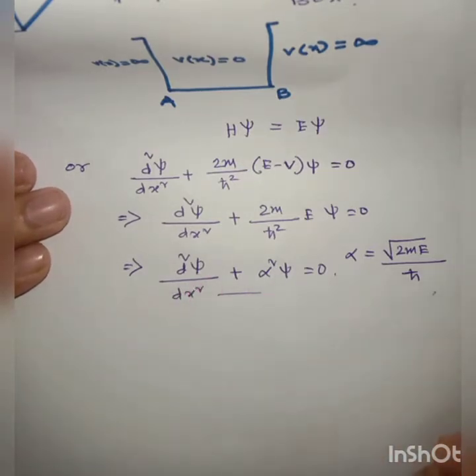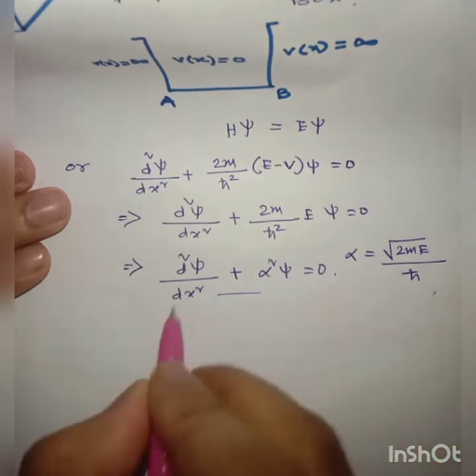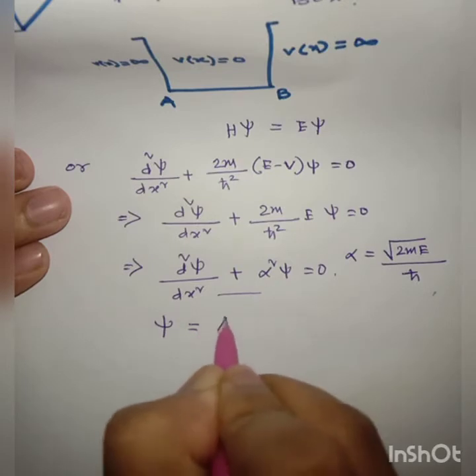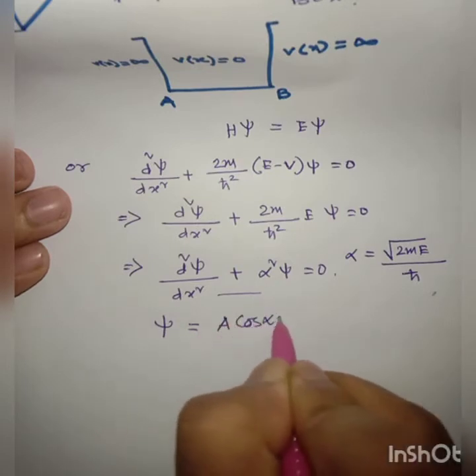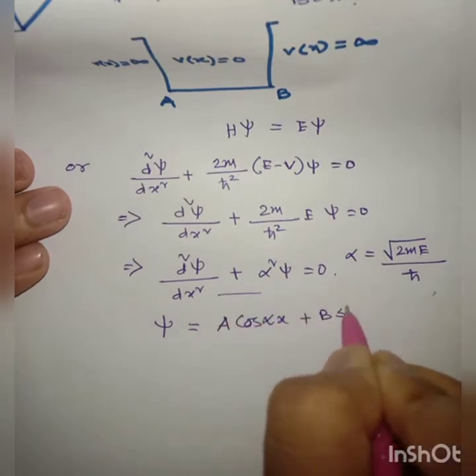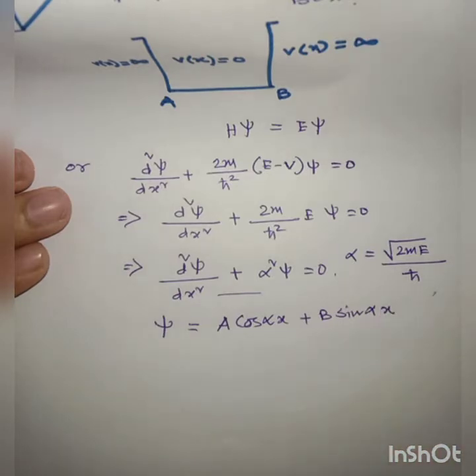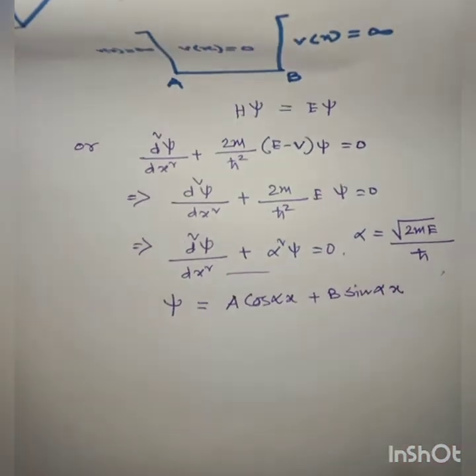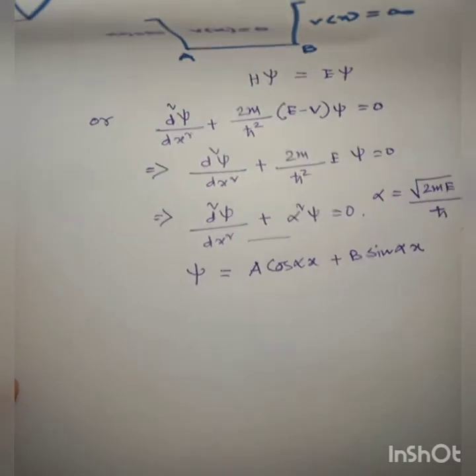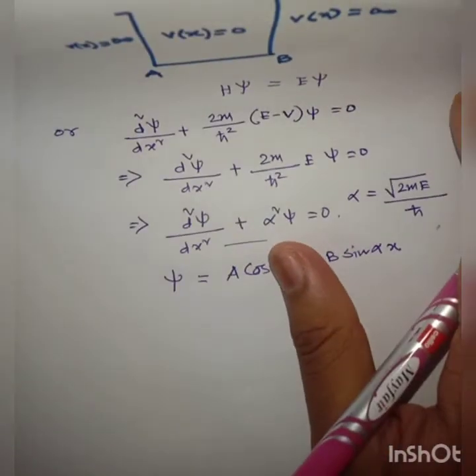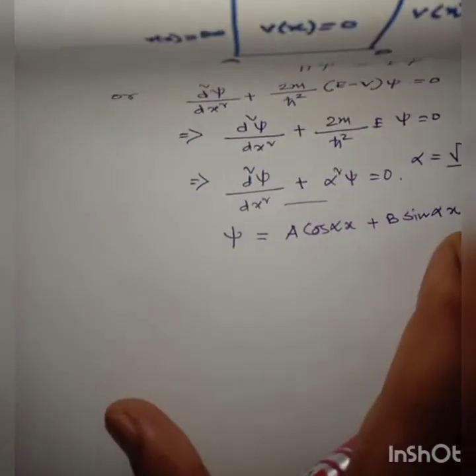If we solve this differential equation, we will get the value of psi as psi equals A cos αx plus B sin αx, where A and B are the constants which we have to determine from the boundary conditions.